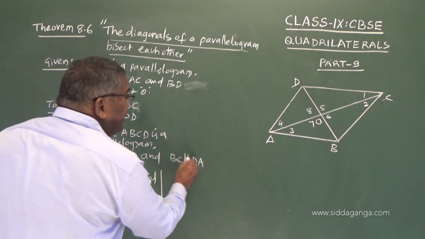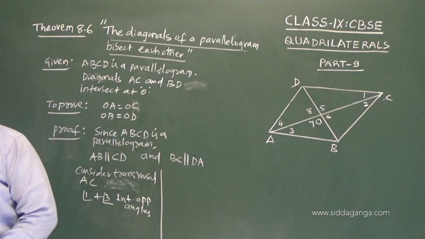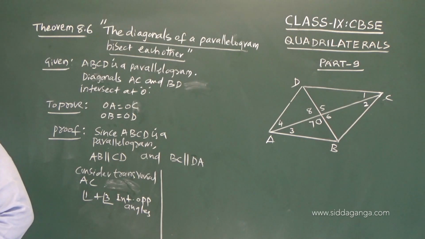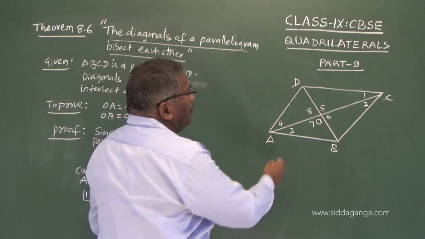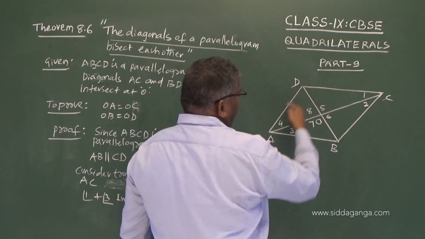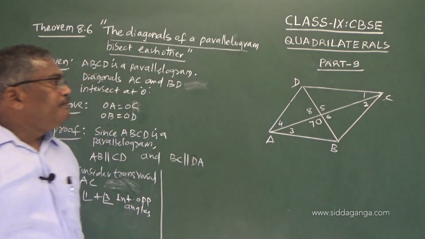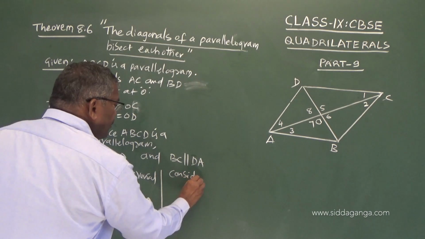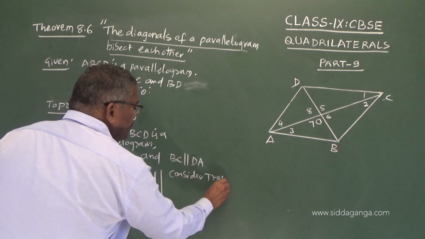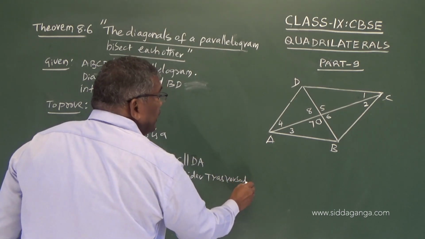Now, for BC and AD, BC parallel to AD, for those two lines, consider the transversal, again AC.